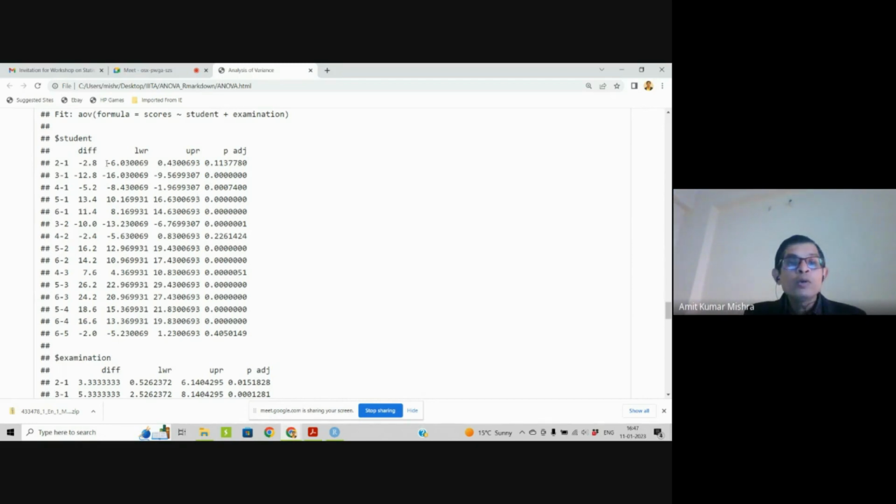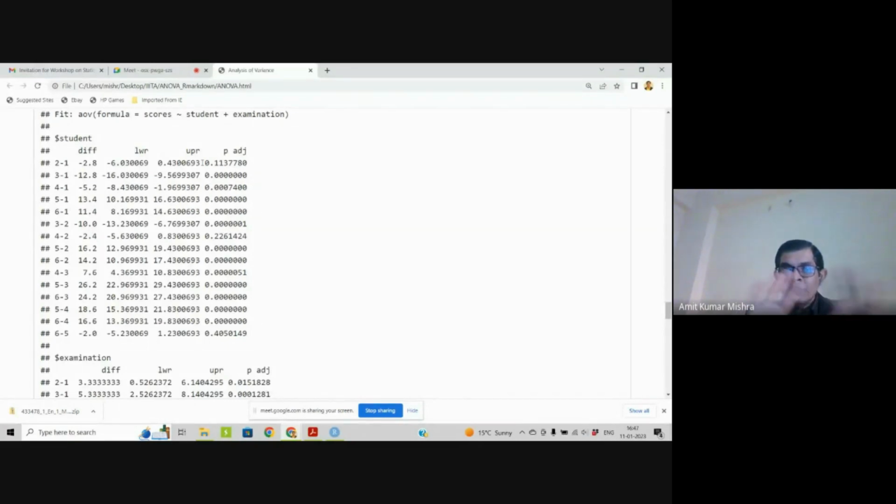And you focus upon the confidence interval. If you focus upon the first confidence interval, its lower part is negative, its upper part is positive. That means 0 is in between. So if your confidence interval contains 0, you can say that that coefficient is not significant.